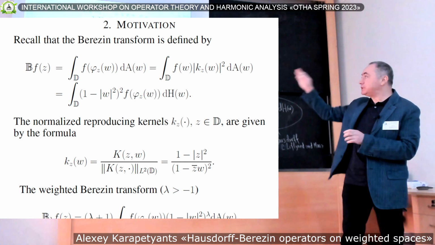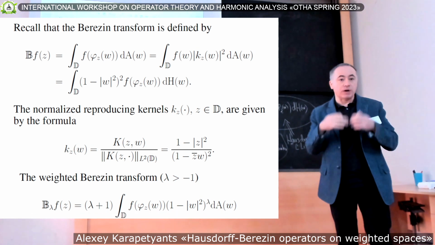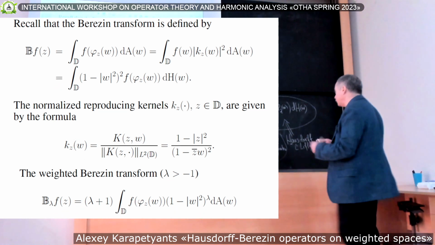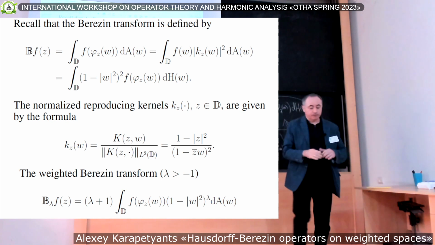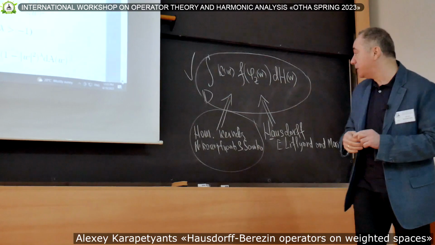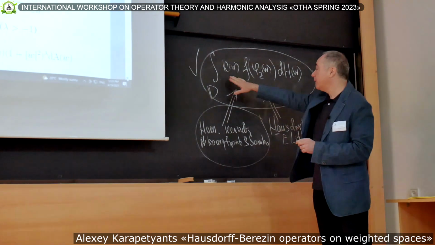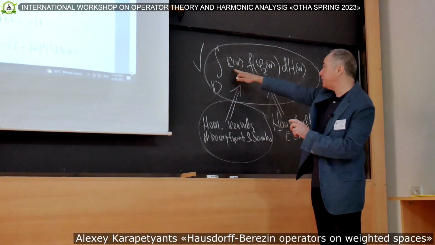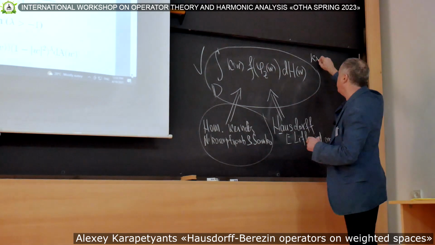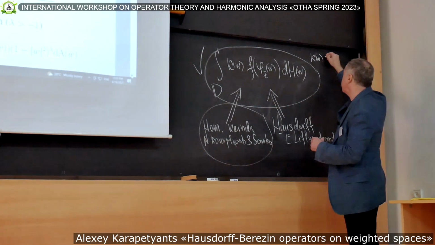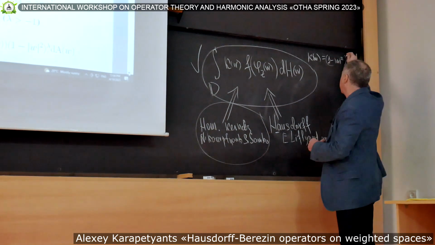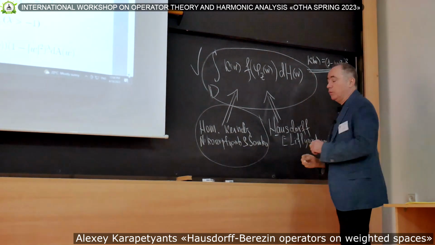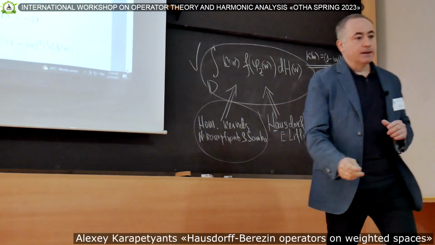So at least this important operator is inside of our class. It's very important to have some good examples. In particular, you get the Berezin transform when k(w) in this particular case equals (1 - |w|^2)^2.